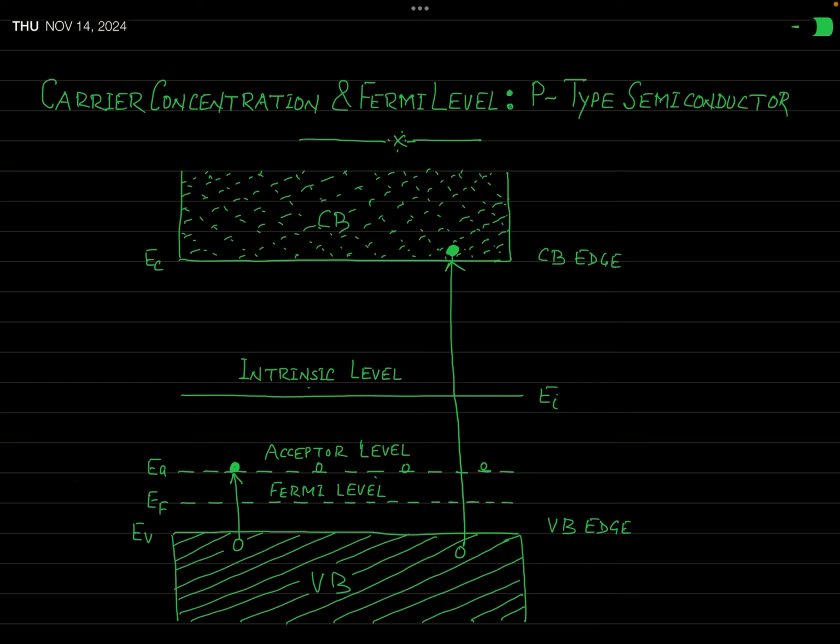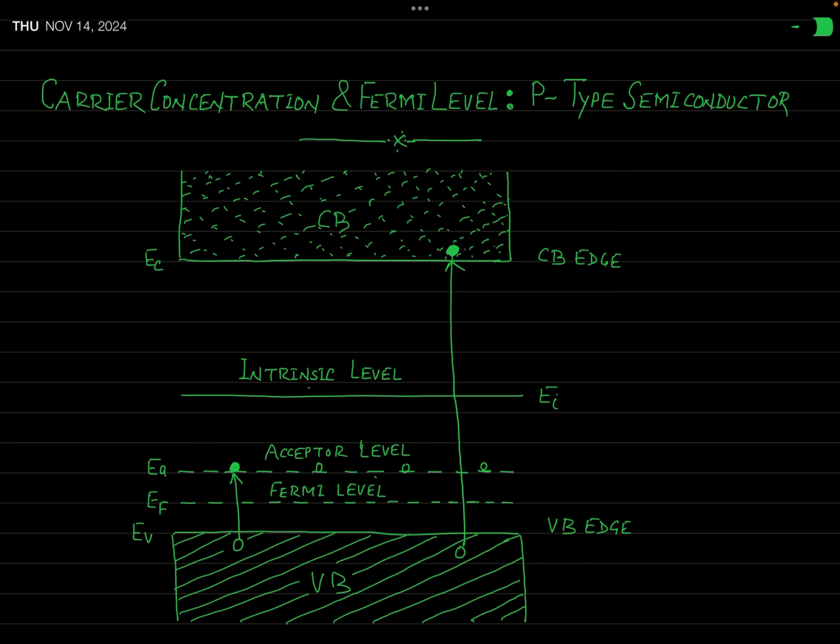You know, a P-type semiconductor is formed when a trivalent impurity is doped in a pure semiconductor of germanium or silicon. And this trivalent impurity is also known as acceptor impurity.